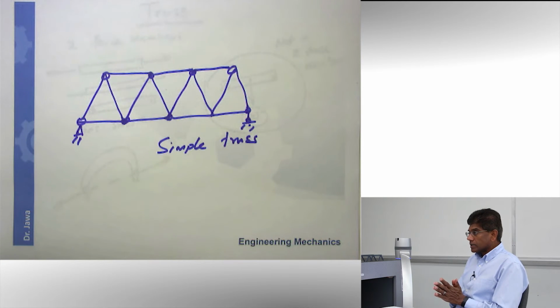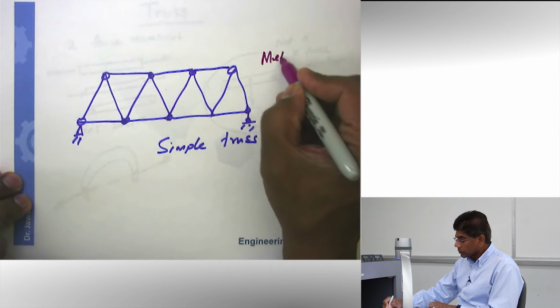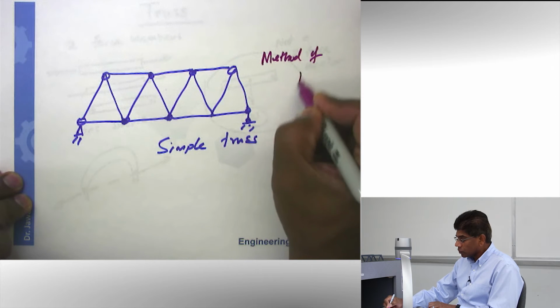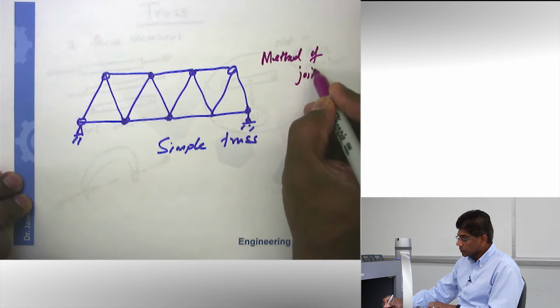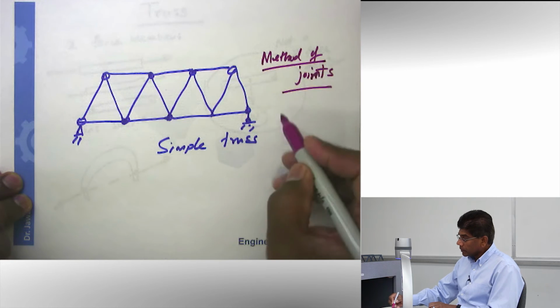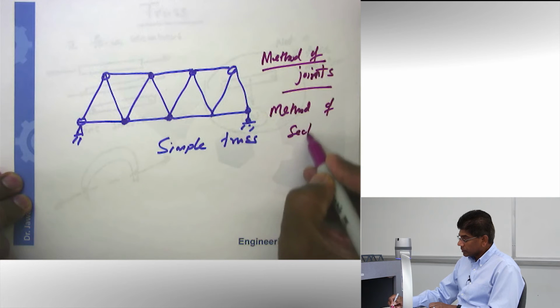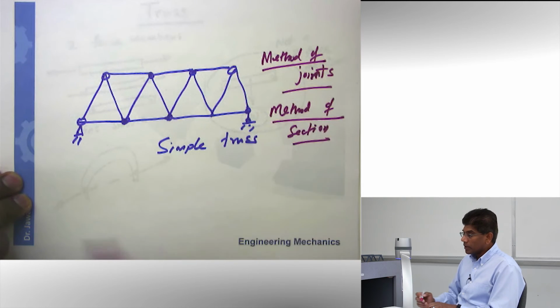And truss analysis can be done in 2 different ways. One is method of joints. Method of joints. That's one method. Another method is method of section. 2 methods to solve truss problems.